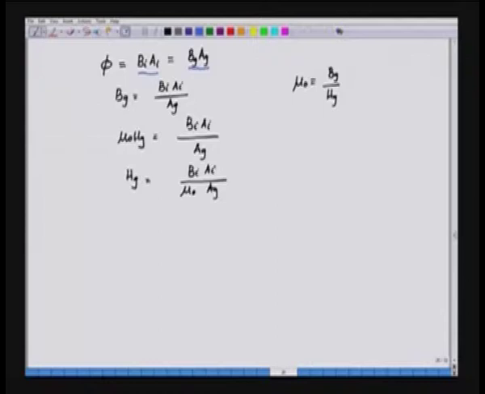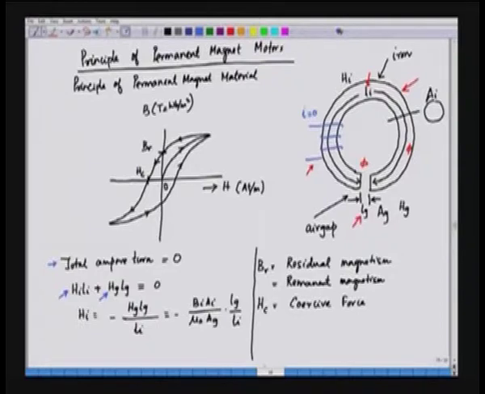Hg is given by this expression, that is Bi Ai by mu naught Ag, where mu naught is the permeability of free space, because we are talking about the air gap. In the previous equation we have this Hg term, and we can replace Hg by Bi Ai by mu naught Ag, into Lg by Li.